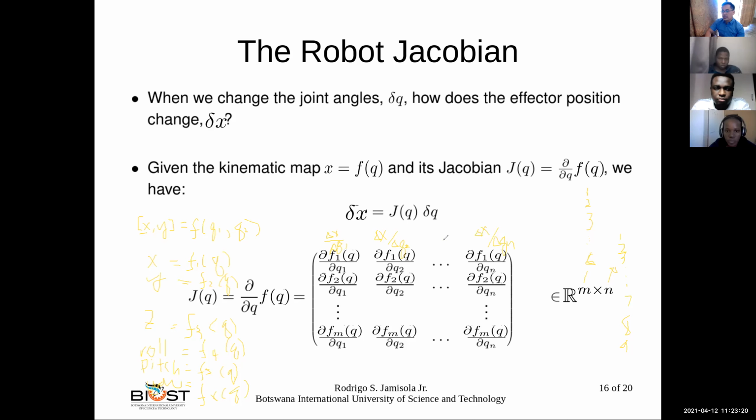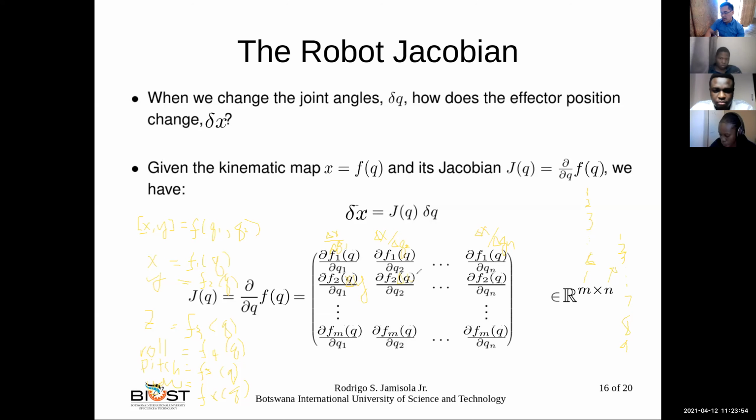Okay. So here it says the rate of change of the motion in the world space divided by the rate of change of the motion in the joint space. Okay. In this case, Q1, Q2 to Qn, depending on the column, but the row will be all in the first component. Here is delta x. Here in the second component will be delta y. Okay, this delta y divided by delta of Q1.